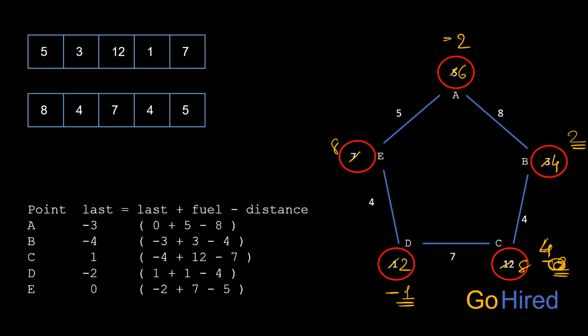Minus 1 minus 4, minus 5, minus 5 plus 8, 5 liters of petrol I have, 5 minus 5, 0. So at the end, when I'm reaching the end, we have 0 liters of petrol remaining.